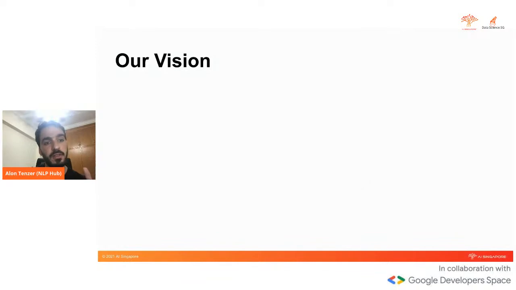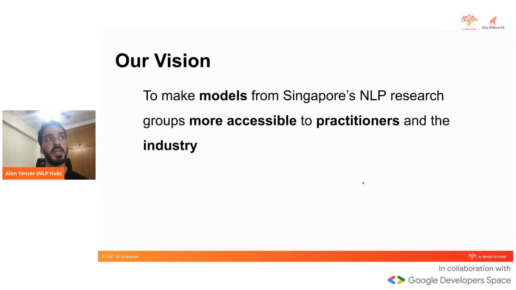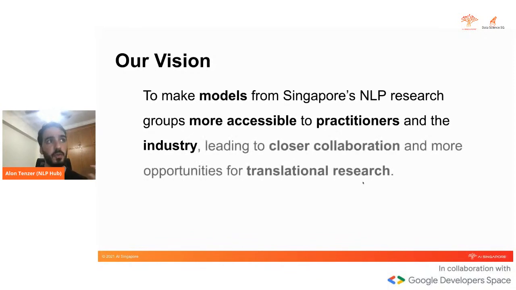So all the ideas and the background that I shared, we distilled into a vision, which is to make models from Singapore NLP research groups more accessible to practitioners and to the industry. And we hope this will lead to a closer collaboration and more opportunities for translational research.